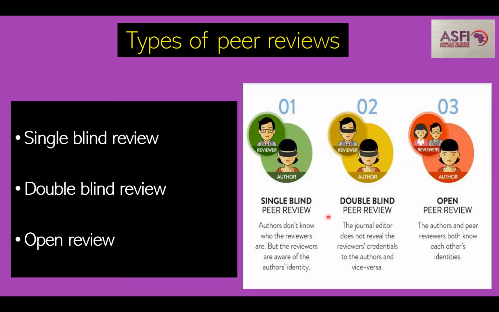And the more recent one is the open peer review. And the open peer review is what has been initiated to increase the credibility of scientific research, through which both the authors and the reviewers know who each person is. And of course, the authors will only know who the reviewers are when the report with the comments from the reviewers has been sent back to the authors.